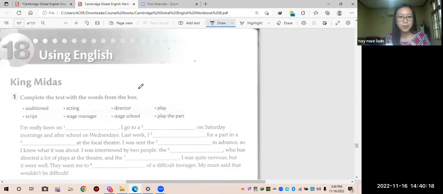So what's number one? Complete the text with the words from the box. So you will see some phrases or words in the box, and you have to complete the text by using the words from the box.